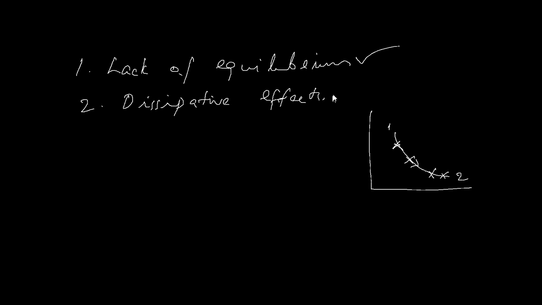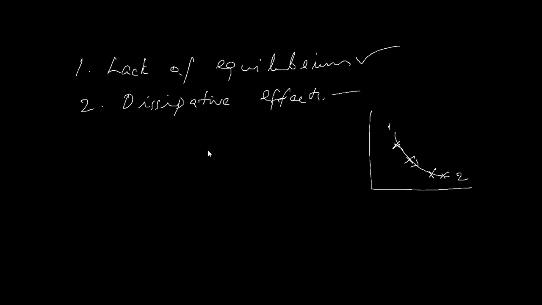And second is dissipative effects. Dissipative effects can be many things: heat losses, friction losses, lack of pressure equilibrium, etc. Friction is always there. Whenever there is a work transfer, there is friction involved in all cases. So these are the two reasons for the irreversibility of a process.